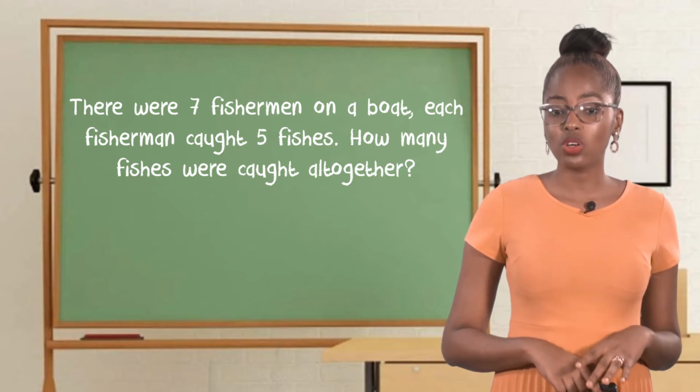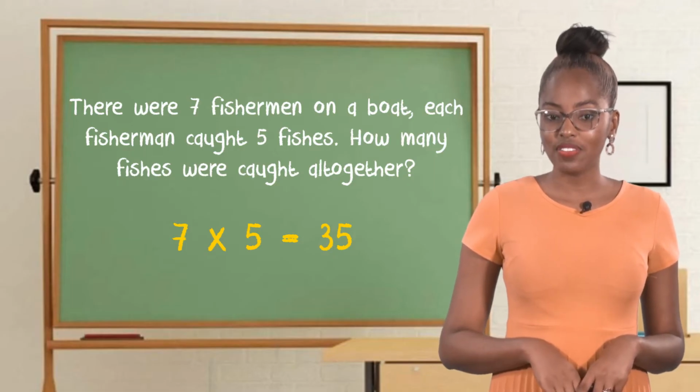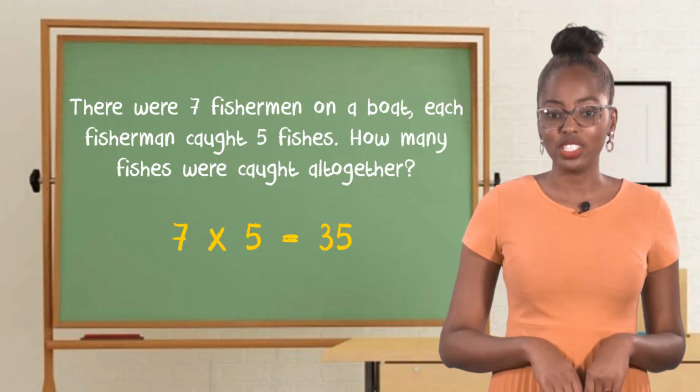How many fishes were caught all together? Five times 7 equals 35 fishes.